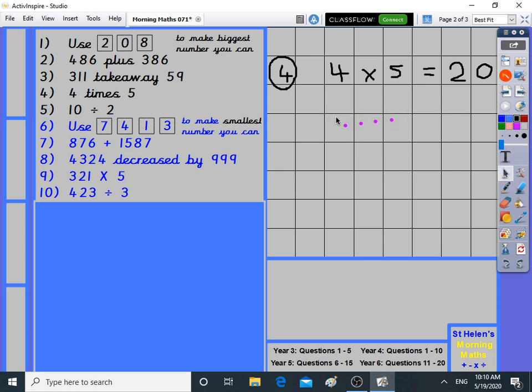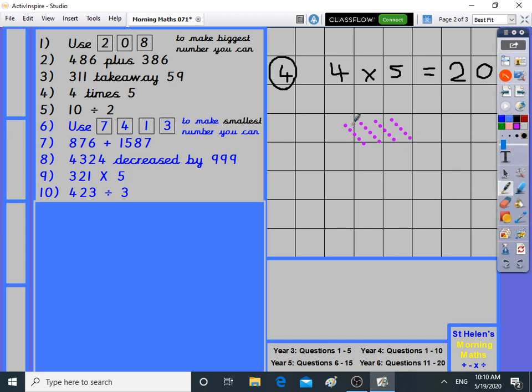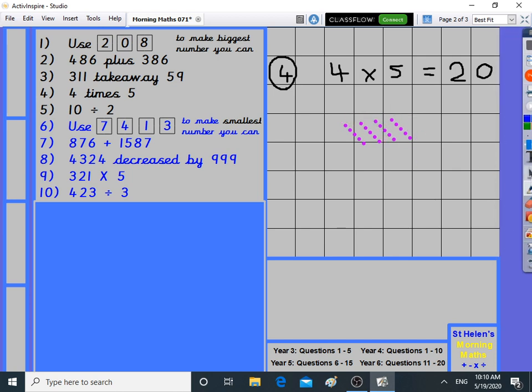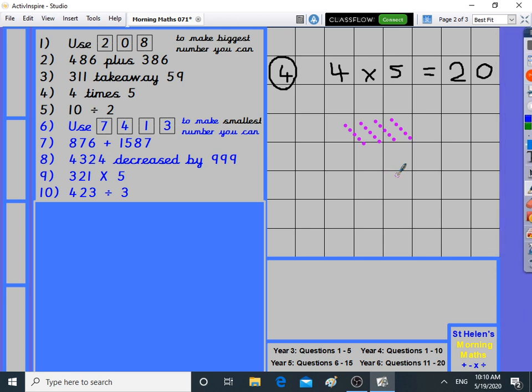And instead of having it one time, I'm going to copy it. So I've got it once, twice, 3 times, 4 times, 5 times. It's a quick way of copying on this program. I've got 4 now, 5 times, and if I count all those dots, it will be 20. Because that's what 4 times 5 is when you've got 4 and you've got it 5 times.